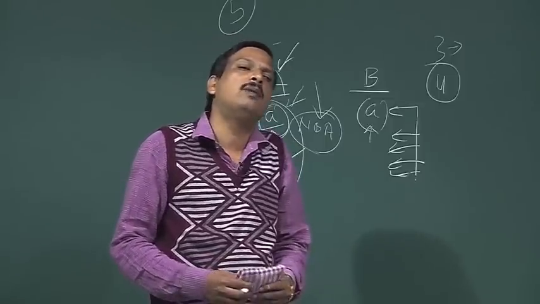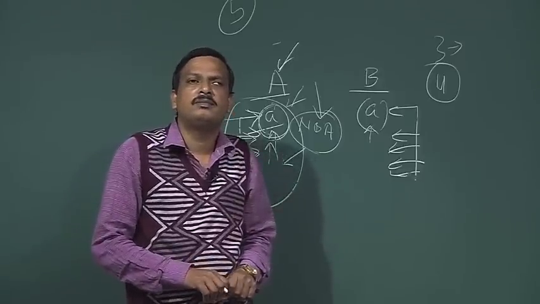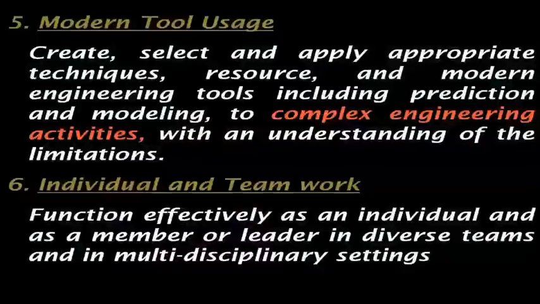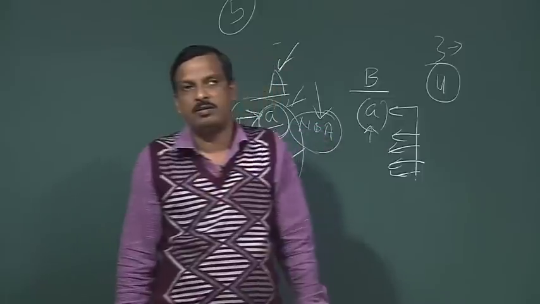Then should I call him or her a civil engineer? So, this is: create, select and apply appropriate technique, resources and modern engineering tools including prediction and modeling to complex engineering activity with an understanding of the limitation.